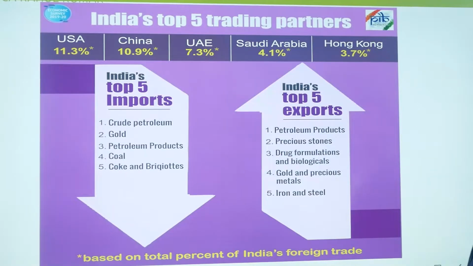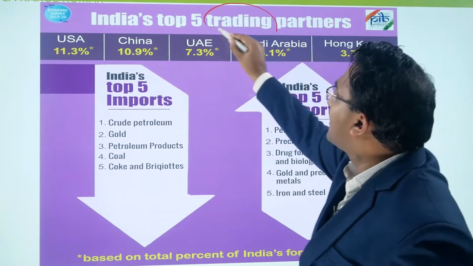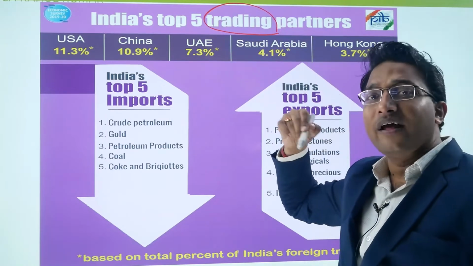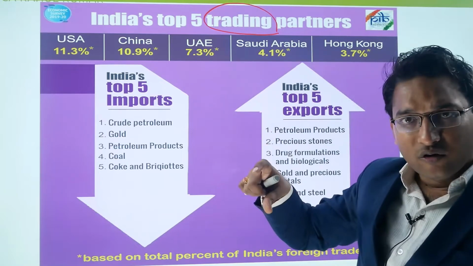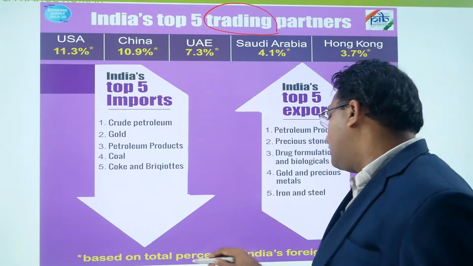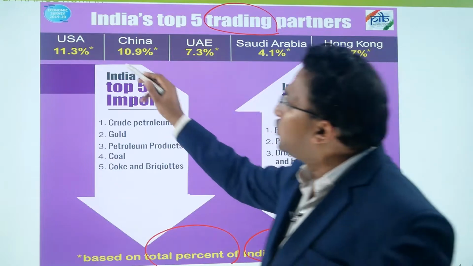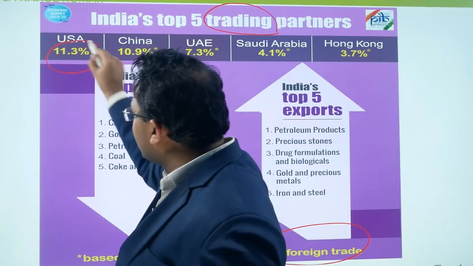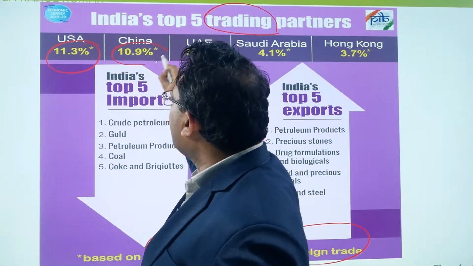Now you can see India's top 5 trading partners. They are the trading partners, that means export and import combined. When we combine both, we compare with the total foreign trade, and then we get the percentage of India's foreign trade, right? So USA is having 11.3% of the total foreign trade of India. China is having 10.9%.